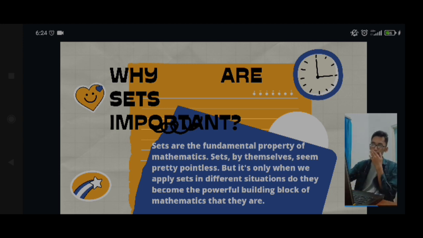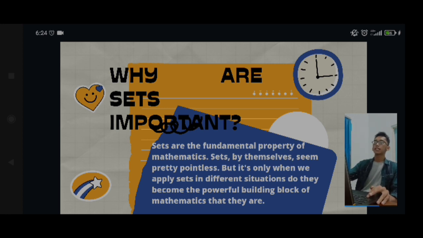And this goes for everything, also other mathematical branches, for example number theory and geometry. All of them need a correct number set to work with. Without the correct number set, they cannot work efficiently. That's why we must learn sets, and we apply sets in different situations and different mathematical branches. That's why sets are very important to learn.